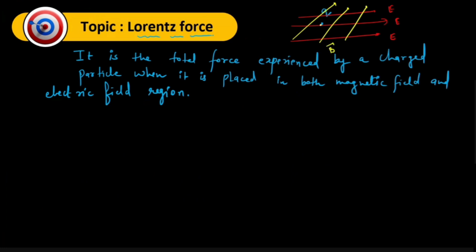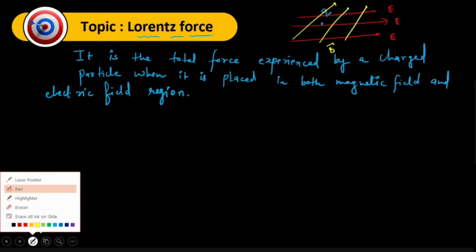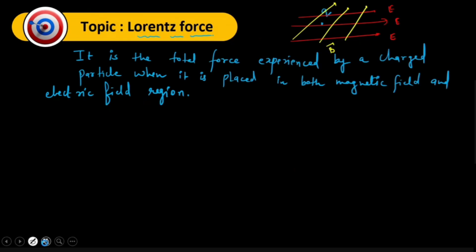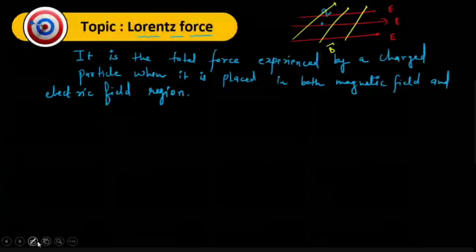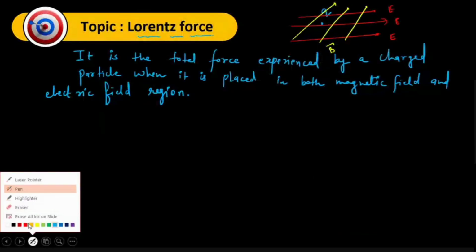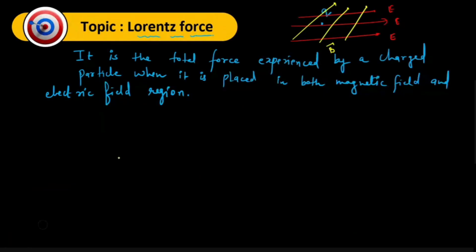This charged particle is going to experience force due to both of them. So the total force experienced by the charged particle is going to be the force due to the electric field plus the force due to the magnetic field.